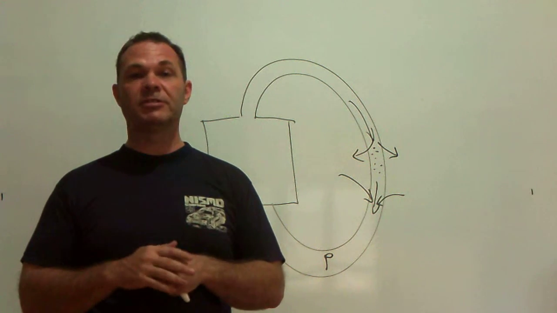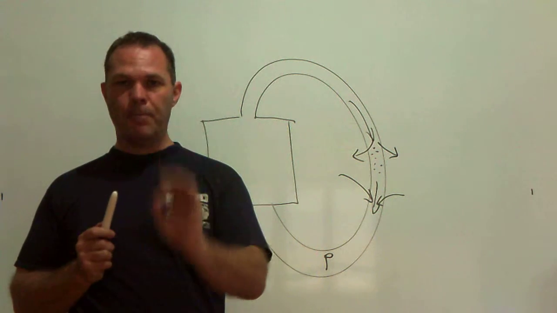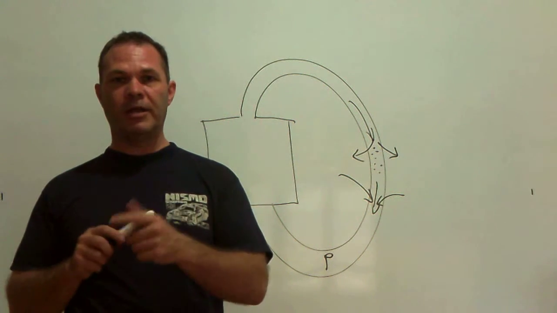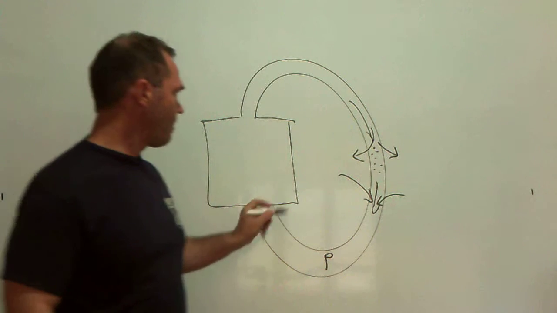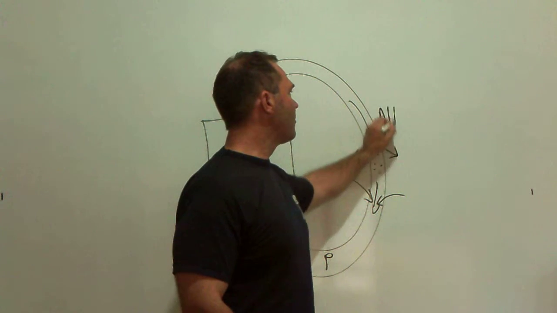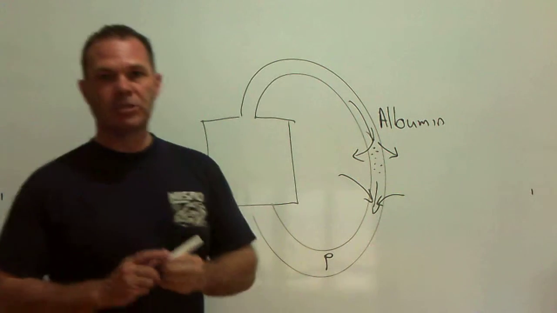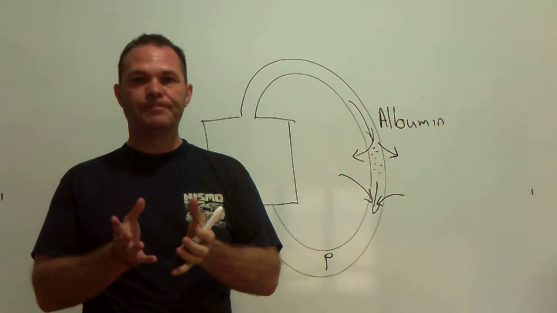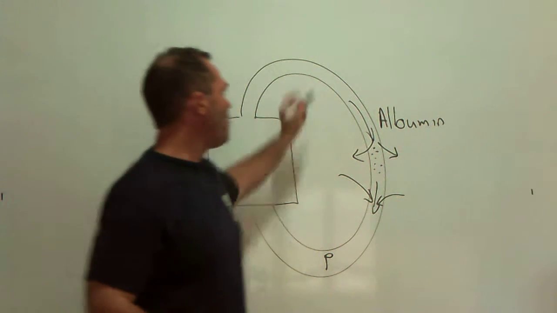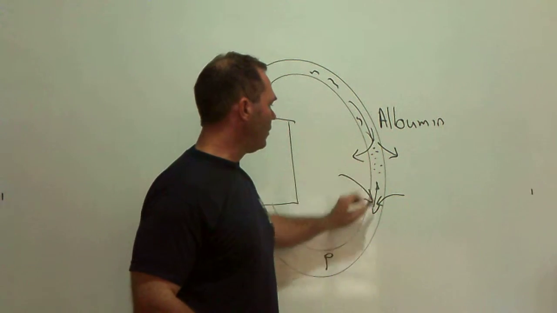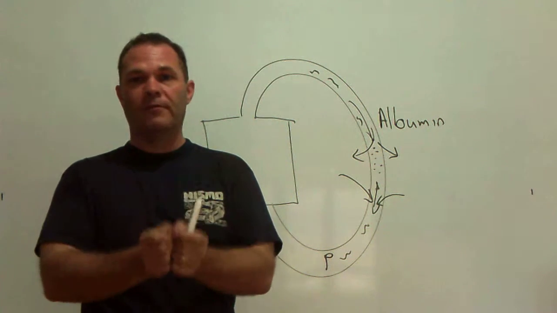And after a bit of research, I find a protein made by the liver that would be perfect for this. And that protein, quite a reasonably large protein, is called albumin. So I put albumin into the blood, I turn it on, and lo and behold, pressure is perfect.